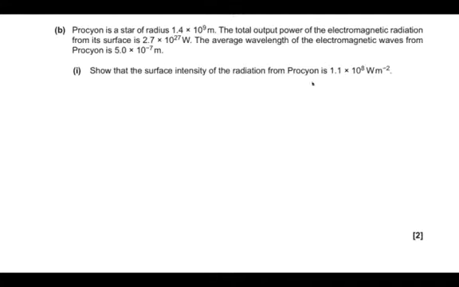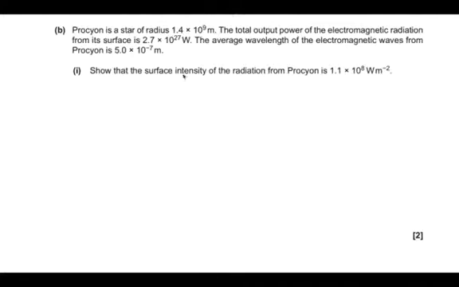What you can't do is just play around with some numbers in some kind of willy-nilly fashion where there's little to no chance of anyone following what you're trying to achieve, and then just at the end put equals 1.1 × 10⁸ and then expect to get these marks. That's not the way that it works. You have to show that you understand what's going on, what the physics is behind the generation of this number.